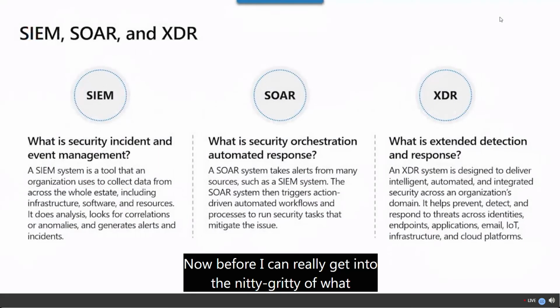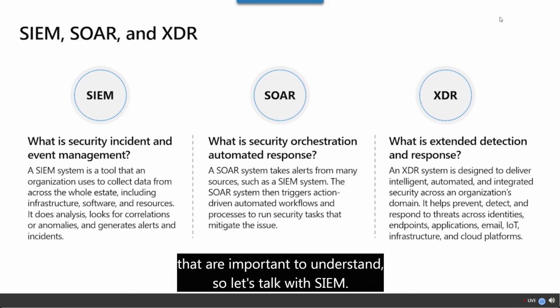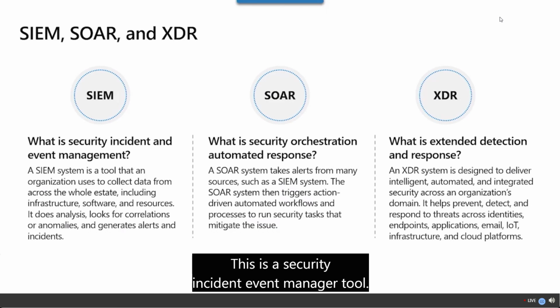Now, before I can really get into the nitty-gritty of what Azure Sentinel can do, I want to chat about 3 different acronyms that are important to understand. So let's talk with SIEM. This is a Security Incident Event Manager tool.